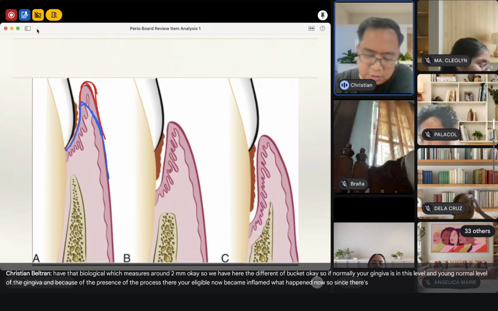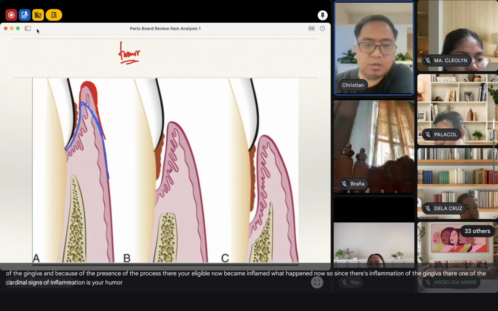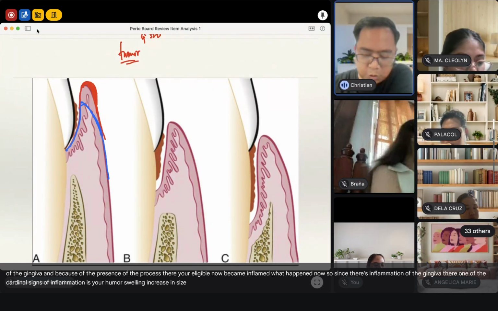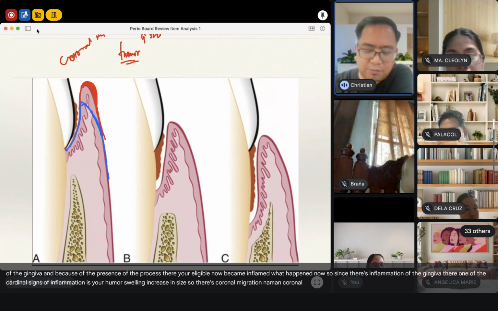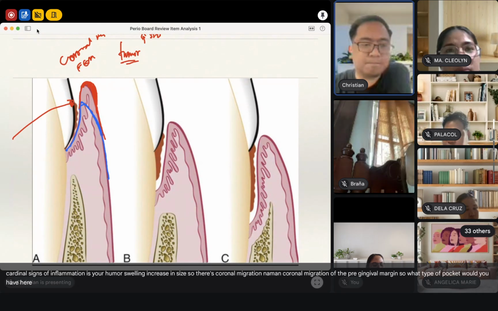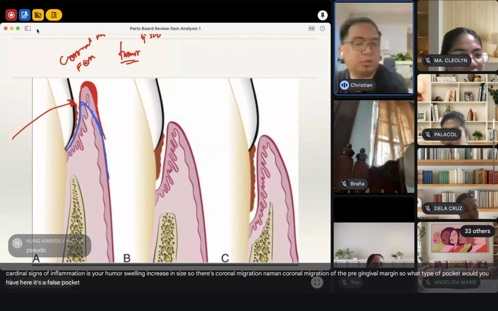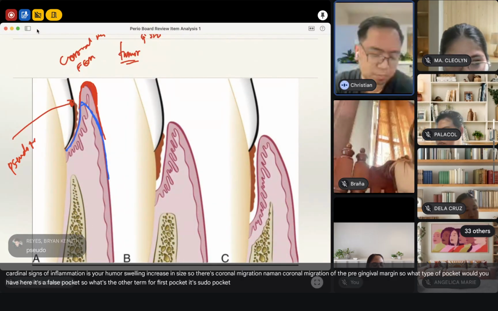Since there's inflammation of the gingiva there, one of the cardinal signs of inflammation is tumor, swelling, increase in size. So there's coronal migration naman. Coronal migration of the gingival margin. So what type of pocket would you have here? It's a false pocket. So what's the other term for false pocket? It's pseudo pocket.